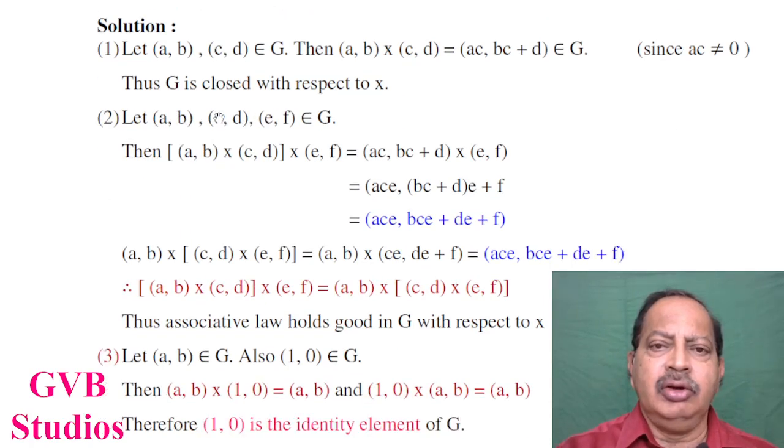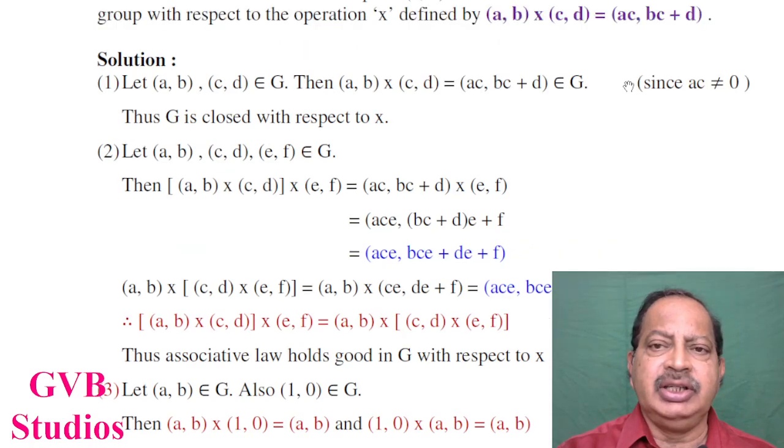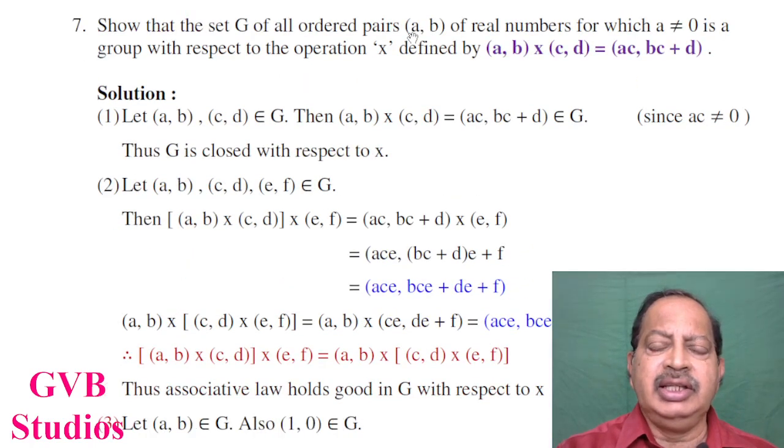Here, closure property. Let us take two elements in the set G. So (a, b), (c, d) belong to G. Then (a, b) cross (c, d) is equal to, by definition, (ac, bc plus d). This element belongs to G since ac is not equal to 0. What is the condition for the elements in the set G? a is a real number, b is a real number, and a is not equal to 0.